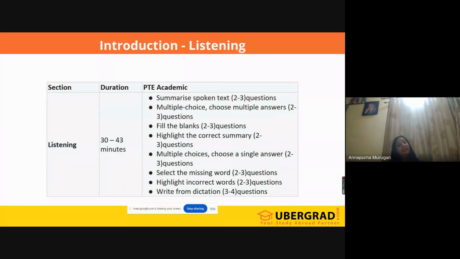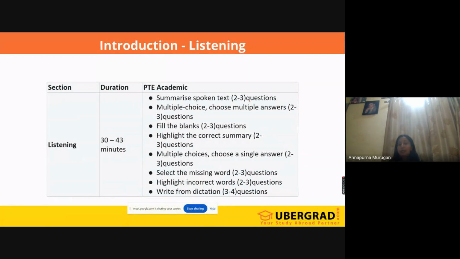Then select the missing words. Here you will have a drop-down box from where you need to select the missing word, but you need to listen and present.